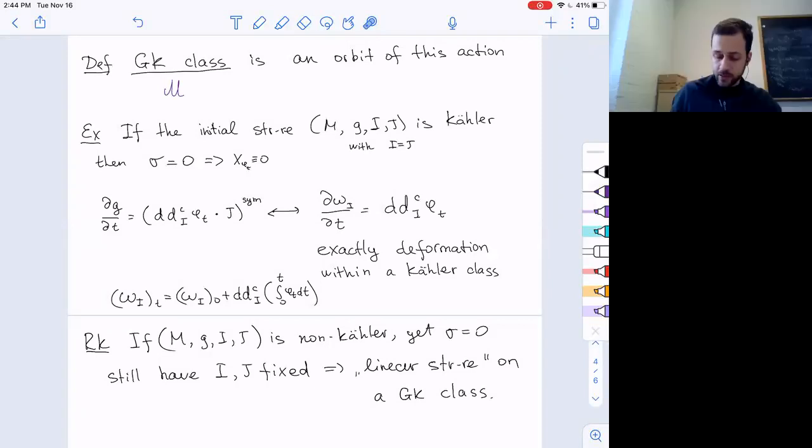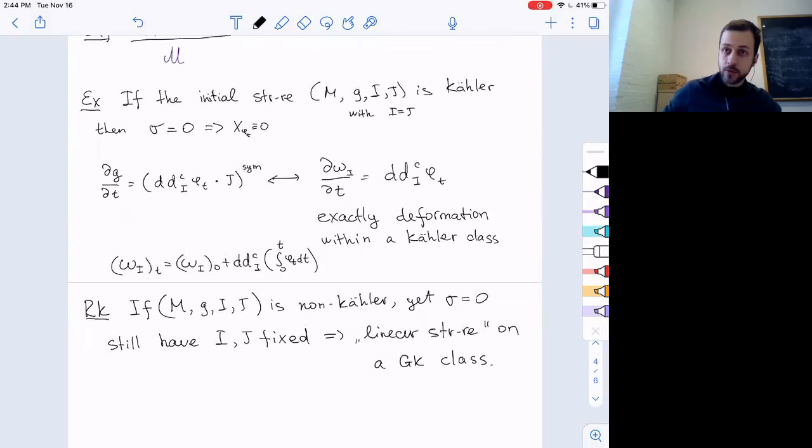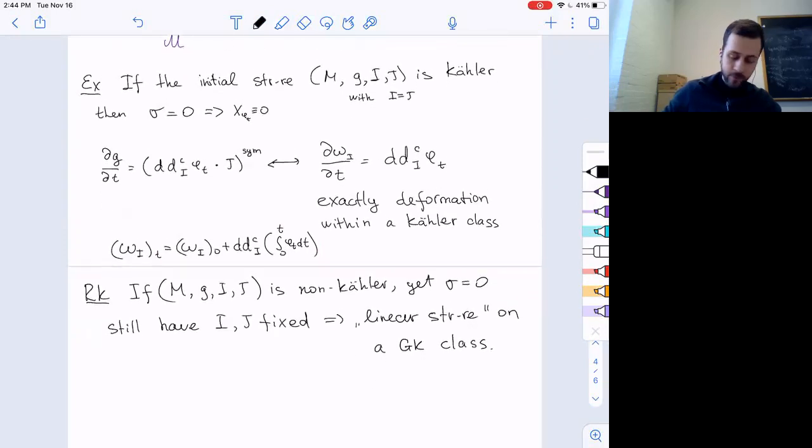So it's like you have this additive structure like you have in the Kähler case, which is actually lacking in general, and this causes some practical problems in applying this construction. Any questions?